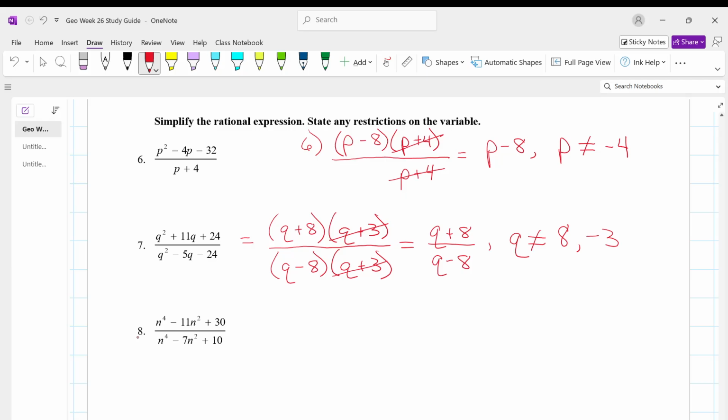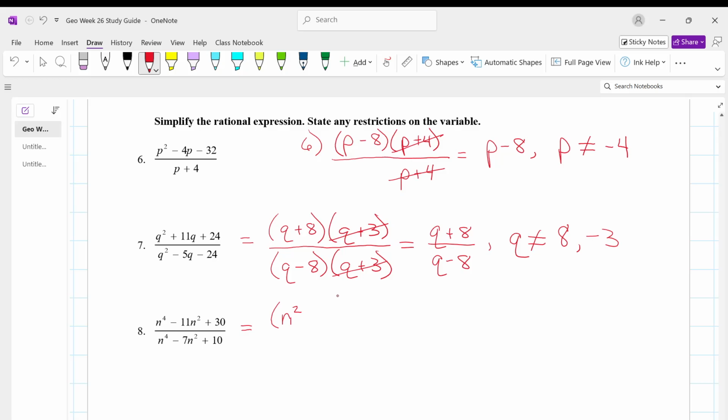All right, problem number 8. Just be careful here because you've got n to the 4th minus 11n squared plus 30. You're going to factor it the same way, but your variable will be squared in your factors, meaning we're going to have n squared and n squared. For 30, what's 6 and 5?